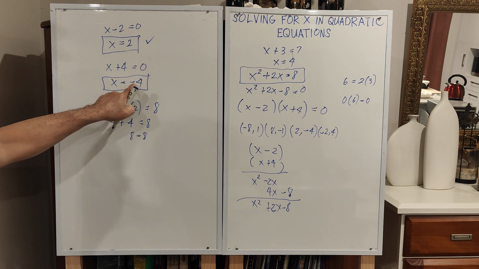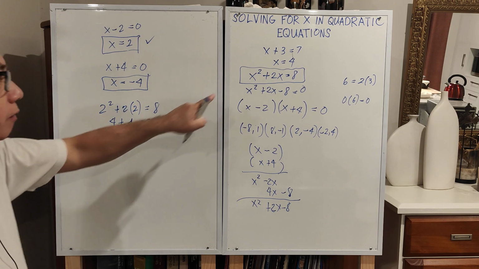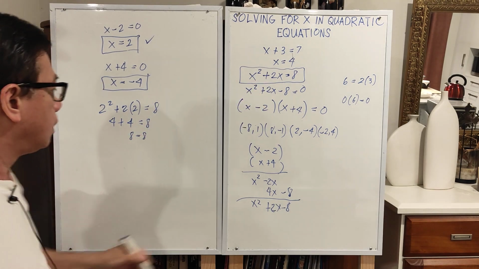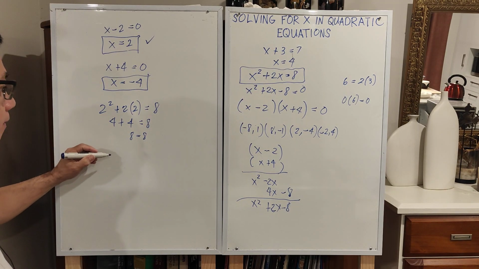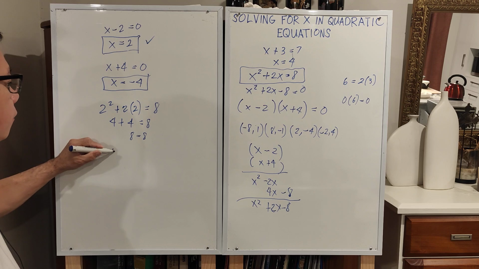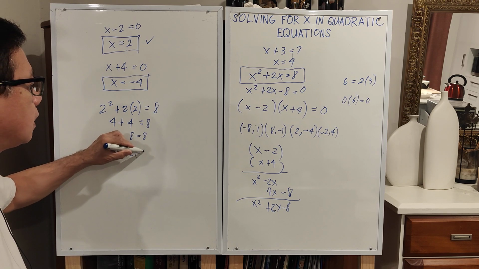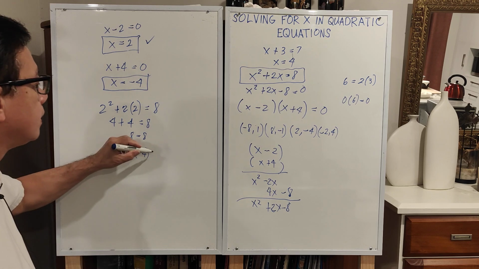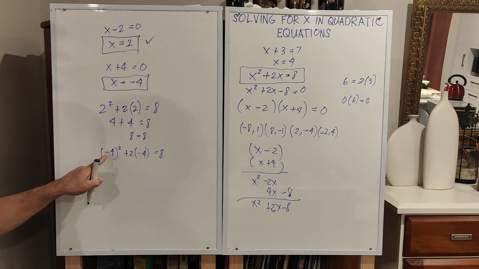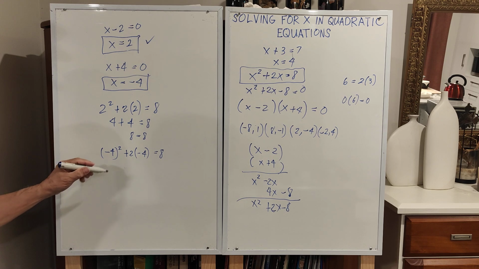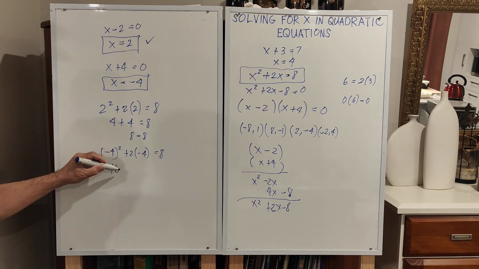Now let's check negative 4. We substitute negative 4 in here. Negative 4 squared plus 2 times negative 4 is equal to 8. Negative 4 times negative 4 is positive 16.